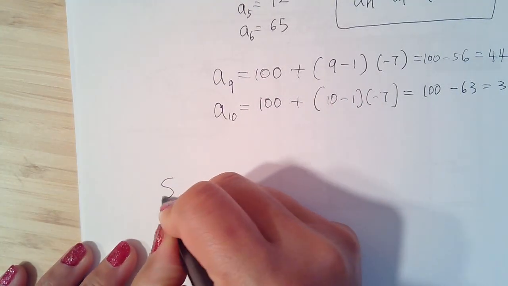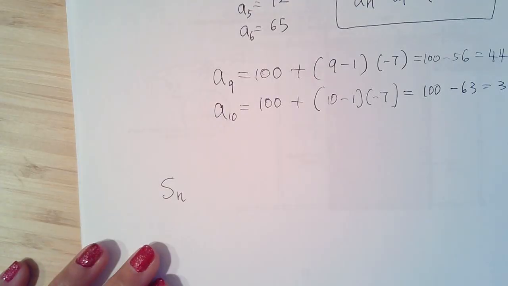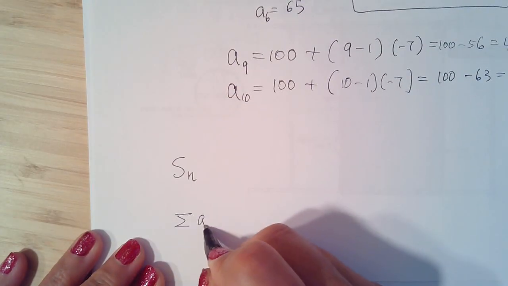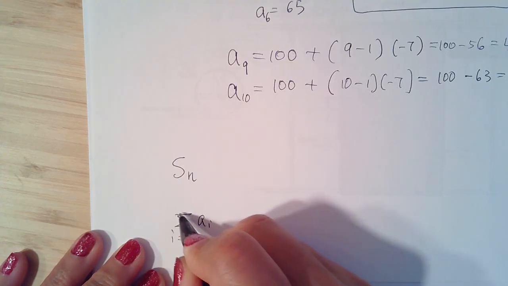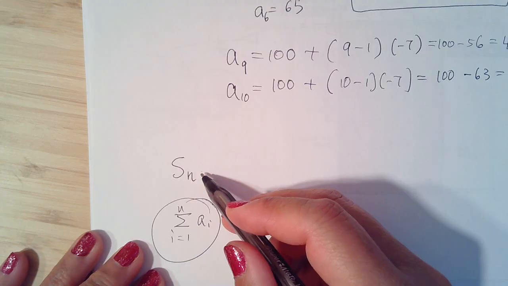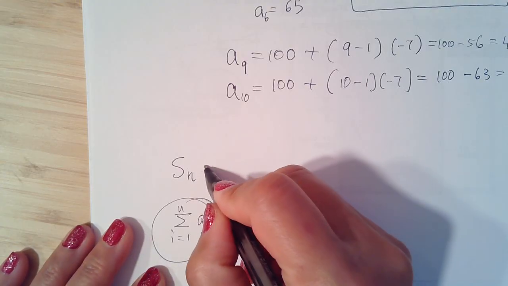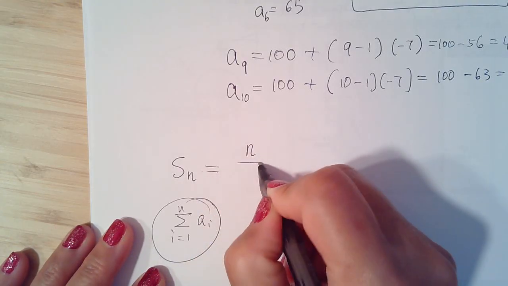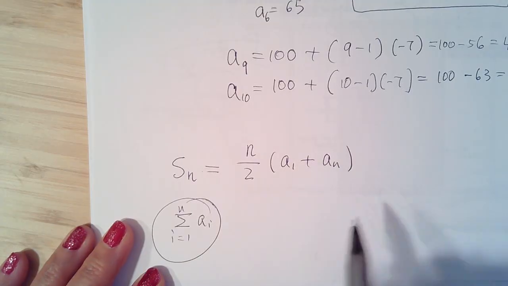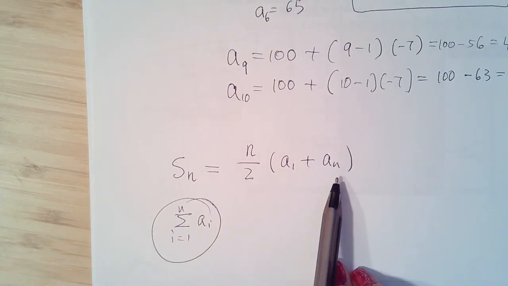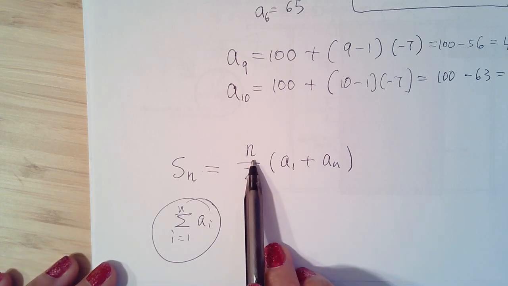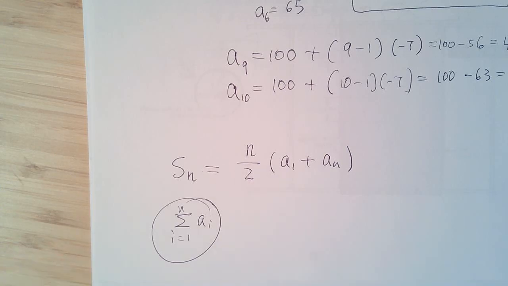The sum Sn is the summation of ai, with i going from 1 to n, so that's the first n terms. The summation of n terms is n over 2 times a1 plus an. That's the first term and the last term divided by 2, which is the average, and then multiplied by how many terms. That makes perfect sense, right?